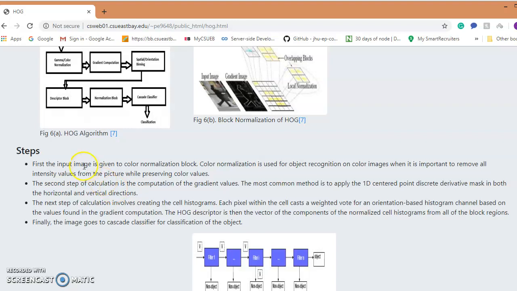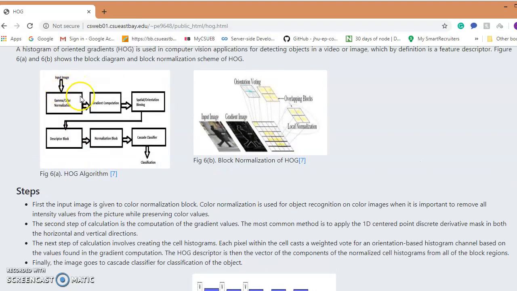First the input image is given to the color normalization block, which is used for object recognition on color images. The second step is the computation of gradient values.